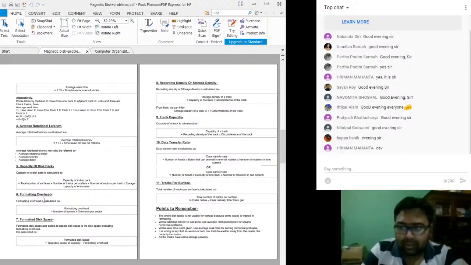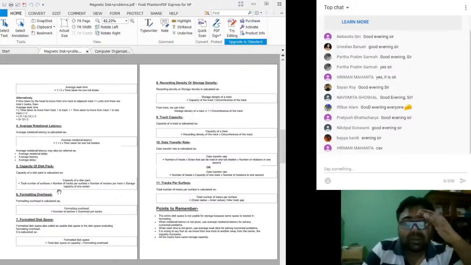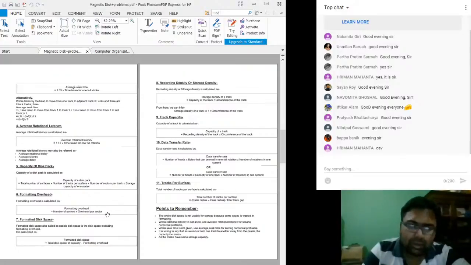Next comes formatting overhead. This is not related to any delay or time estimation, it is related to capacity estimation. Whenever we store anything on our hard disk, it is stored in some particular format, and for each format there is a formatting overhead.